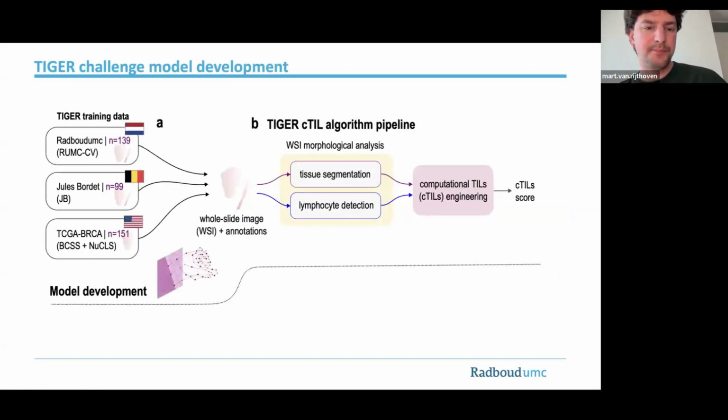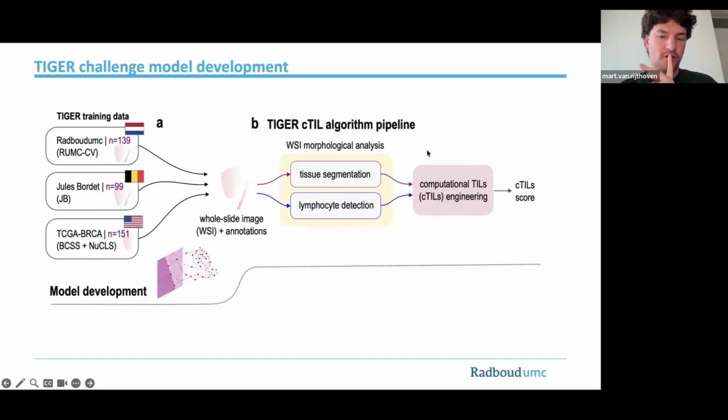So basically here is a bit of the same story that I already talked about, but we have the Tiger training data, which included data from RoboTMC, Jules Baudet, and TCGA. And then the participants should do tissue segmentation and lymphocyte detection, and from that compute a TILs score.